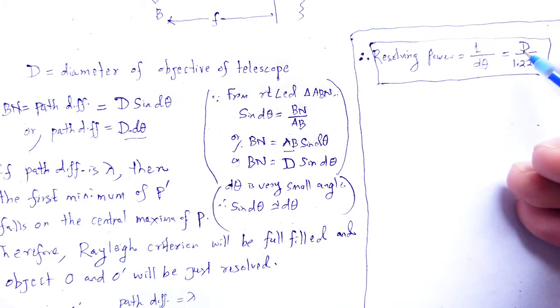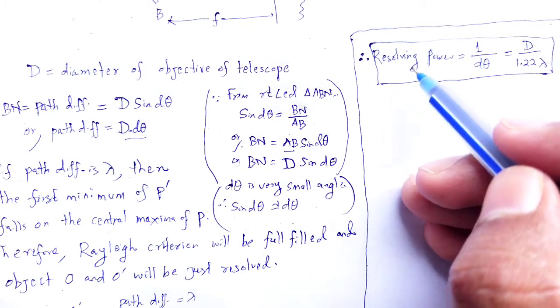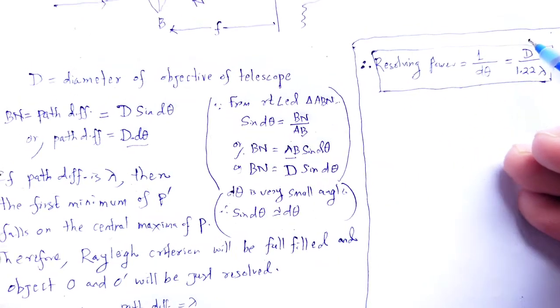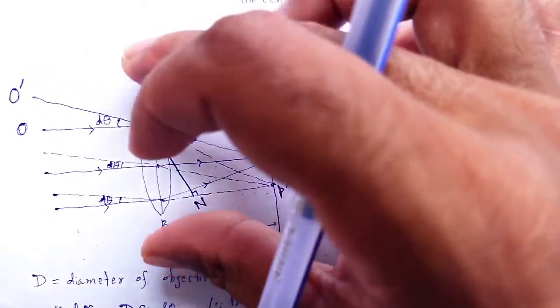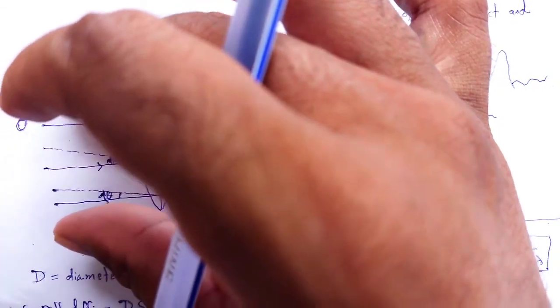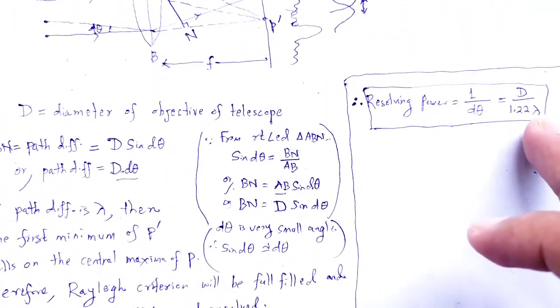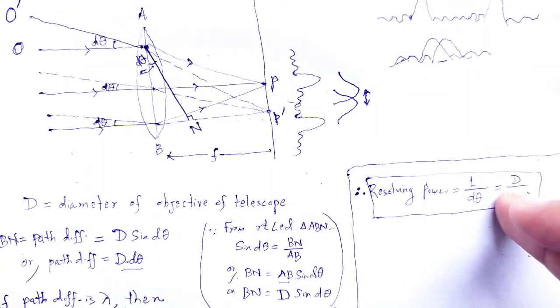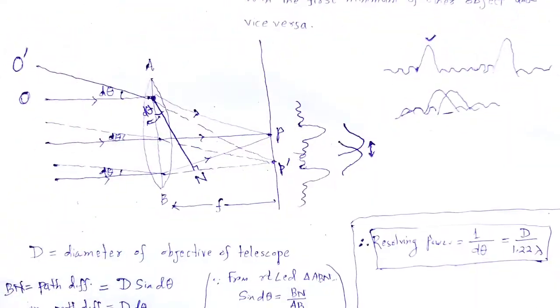From that expression, the resolving power depends upon the diameter of the telescope. If the diameter of the telescope is large, the resolving power will be maximum. And again, if the wavelength of the source of light is large, the resolving power will be minimum.